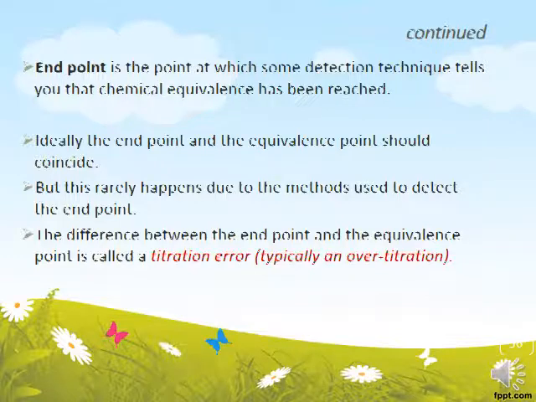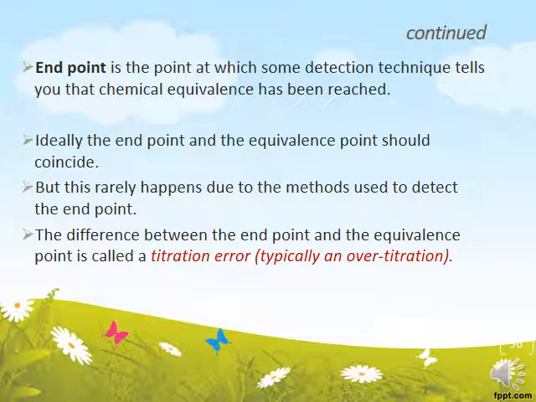But based on experiment, we call endpoint, and normally endpoint we will use slightly more. Like in the previous example, 50 ml of silver nitrate, but during the experiment, probably we use 50.2 ml of silver nitrate. That is called endpoint, the point at which some detection technique tells you that chemical equivalence has been reached.